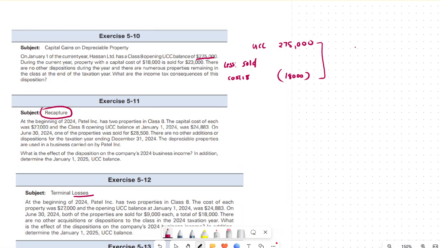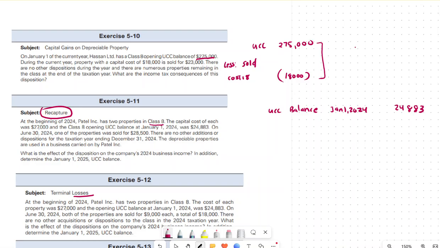So what happens in this case: on January 1st, Patel Inc. has two properties, class 8, the capital class of each 27, and the UCC that we started off with. So first is my UCC balance, and that balance on January 1st, 2024, we started off with 24,883.